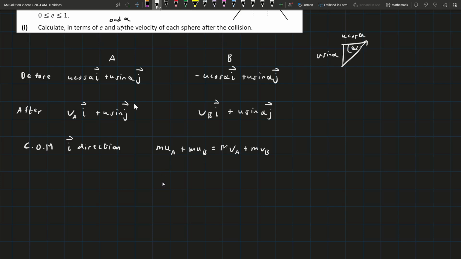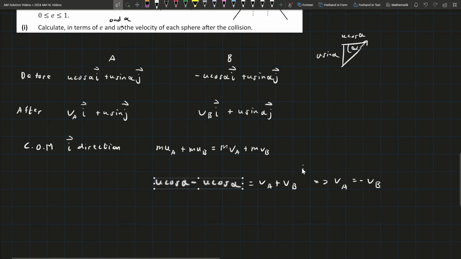So the initial velocity of A is u cos alpha minus u cos alpha, because this is in the i direction, the velocity of A in the i direction, and then plus this velocity, so they actually cancel. That'll be equal to VA plus VB, which means that VA will be equal to minus VB, because this is equal to 0, bring one to the other side, and we get this fact. And this should make sense.